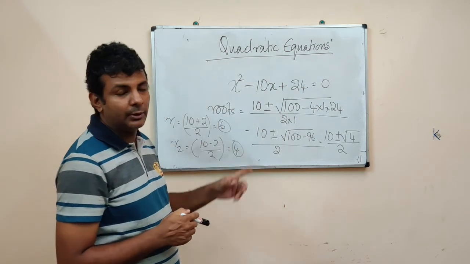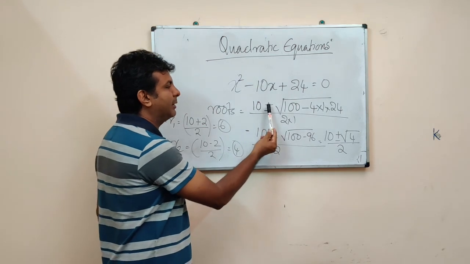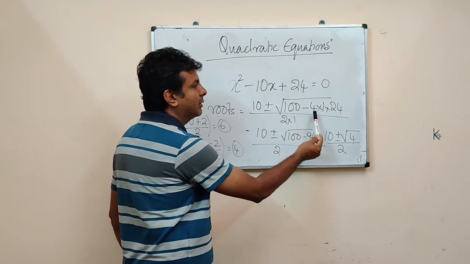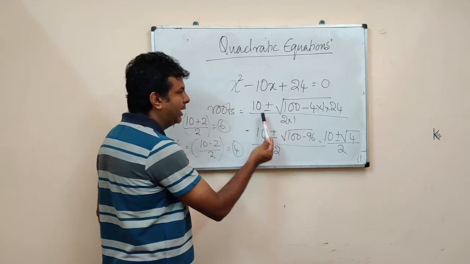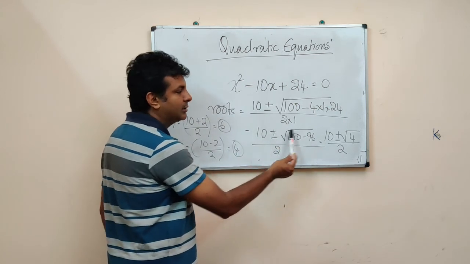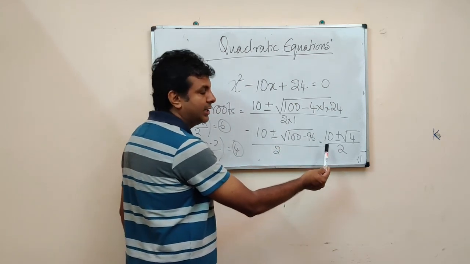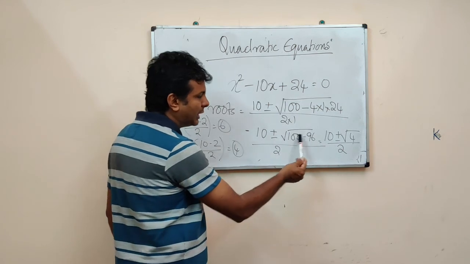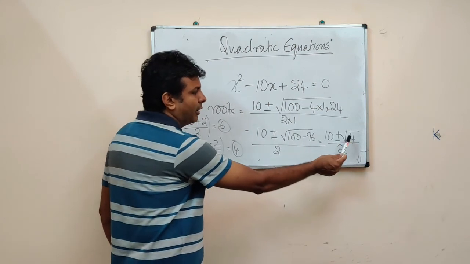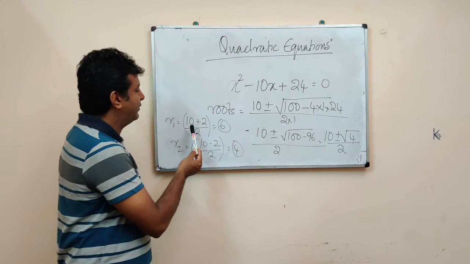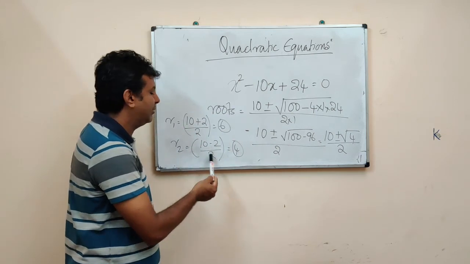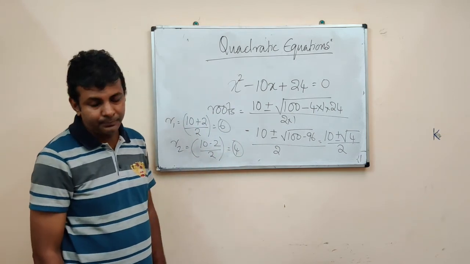Now go through the process once again. It is minus b plus or minus square root of b square minus 4ac by 2a, that is 10 plus or minus square root of 100 minus 96 by 2. 100 minus 96 is 4, square root of 4 is 2, so you have 10 plus 2 by 2, that is 6, and 10 minus 2 by 2, which is 4.